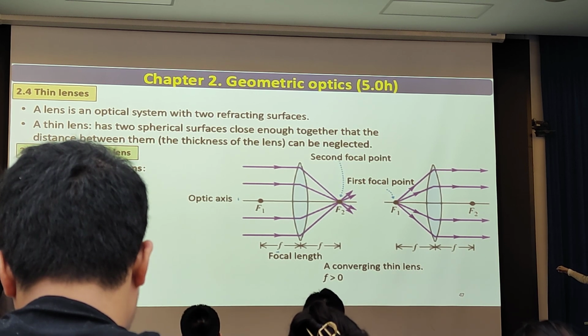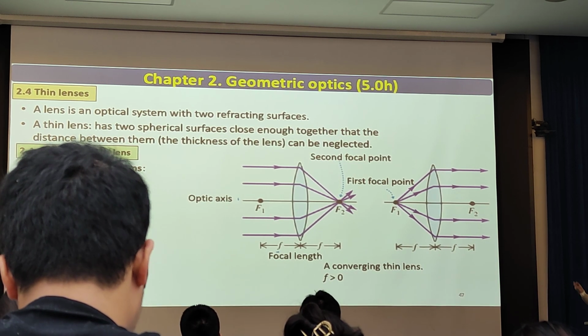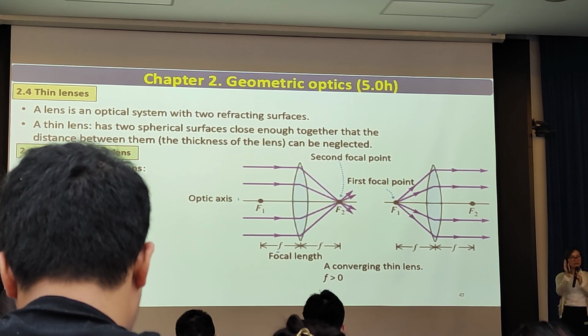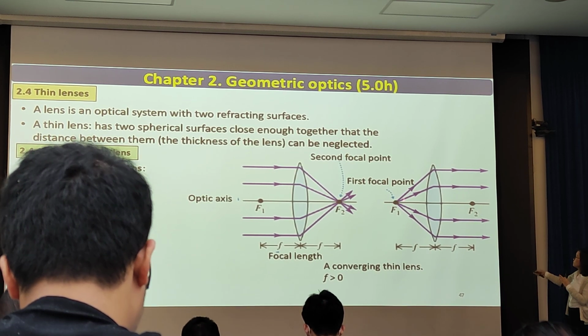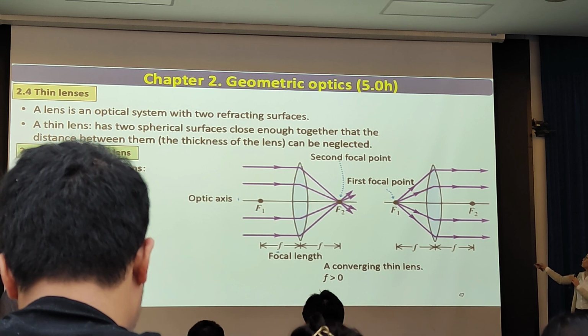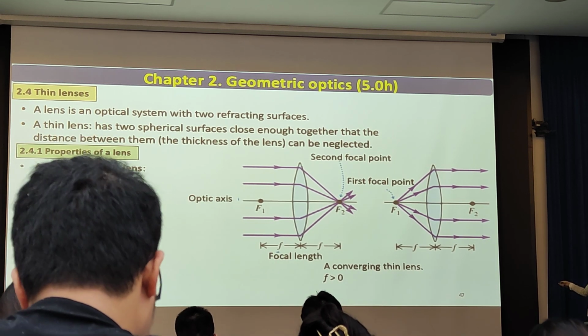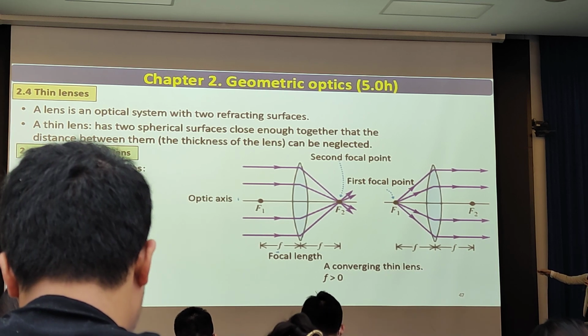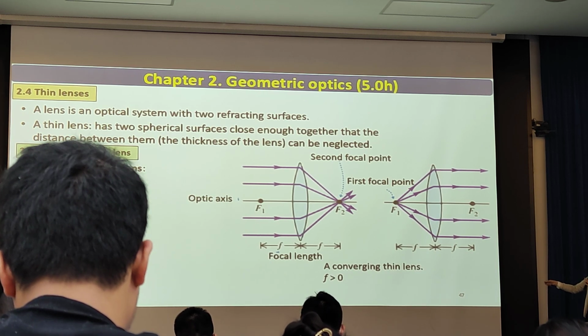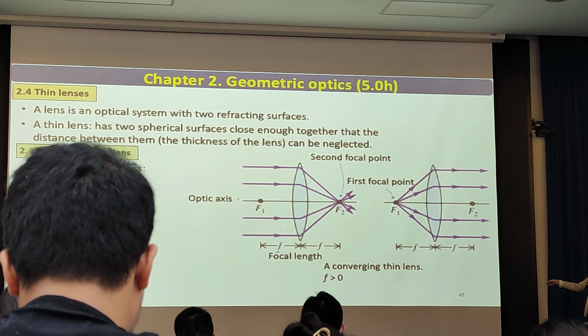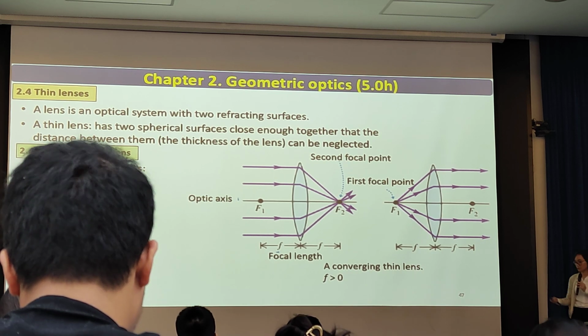The rays of light coming from the first focal point to the lens will refract in parallel to the optic axis. And the incoming rays parallel to the optic axis will gather or converge at the second focal point.